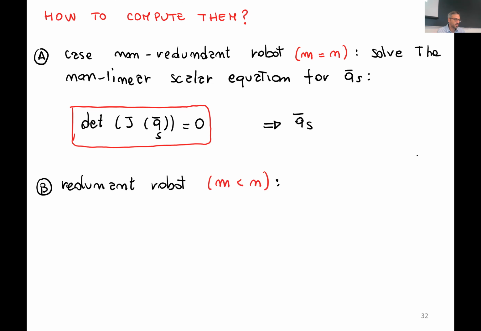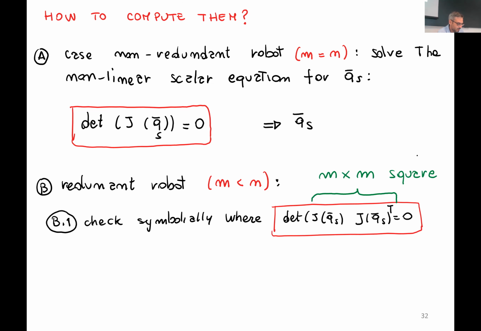While in the case of a redundant robot, we can check again where the determinant of J J transpose, that now is a square matrix, is equal to 0.